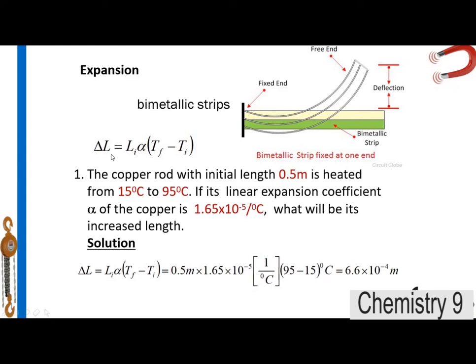So if we look at this mathematical expression, we can see that the change in length of the bimetallic strip when it's experiencing thermal energy or heat energy is equal to its initial length, that is the length of the strip before it was exposed to this thermal energy, multiplied by the linear expansion coefficient, and then multiplied by the change in temperature.